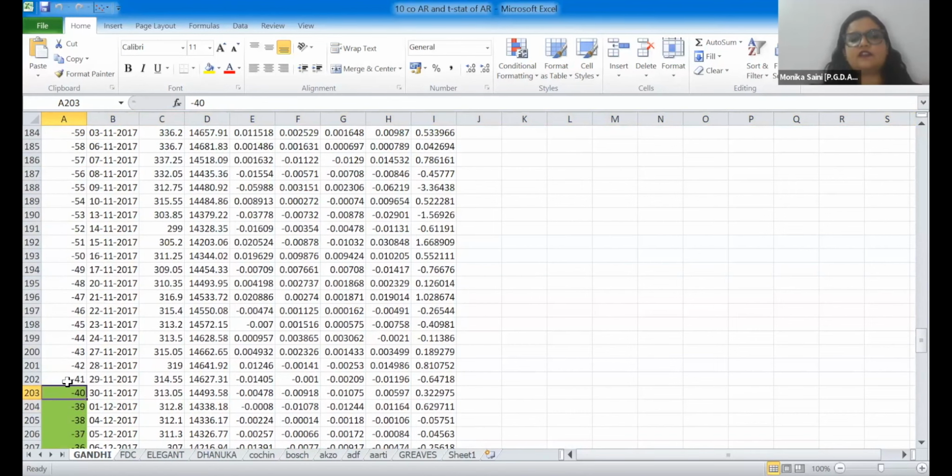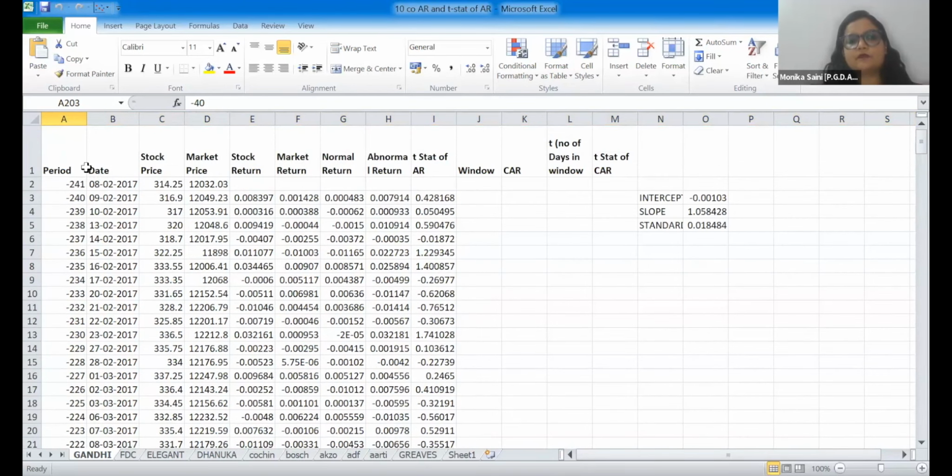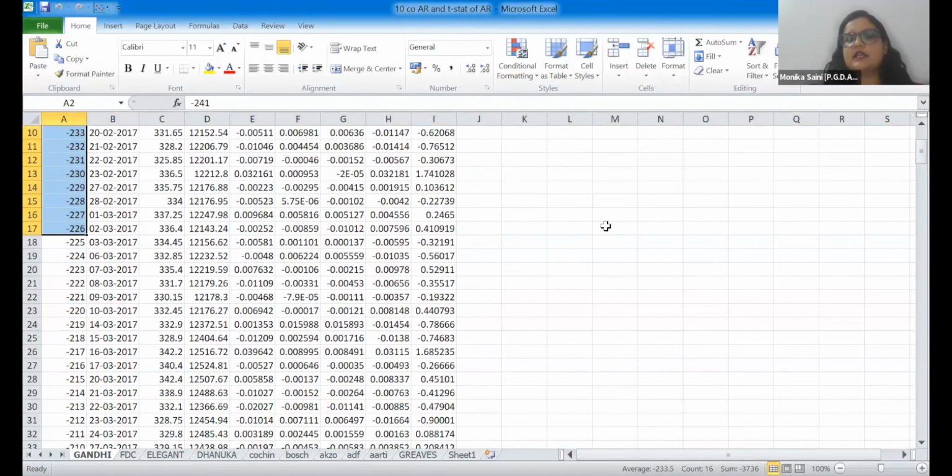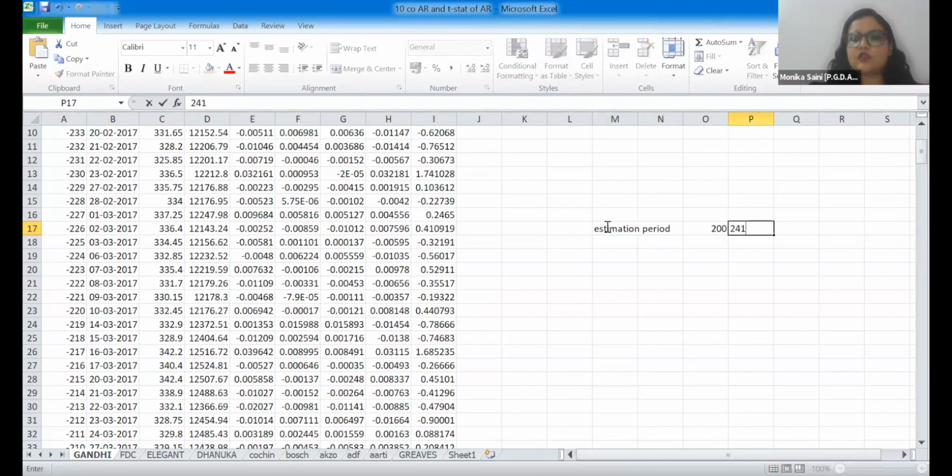And after these days, -41 to -241, that is these 200 days, this is known as the estimation period. It is for 200 days. How 200 days? 241 minus 41, or 240 minus 40.